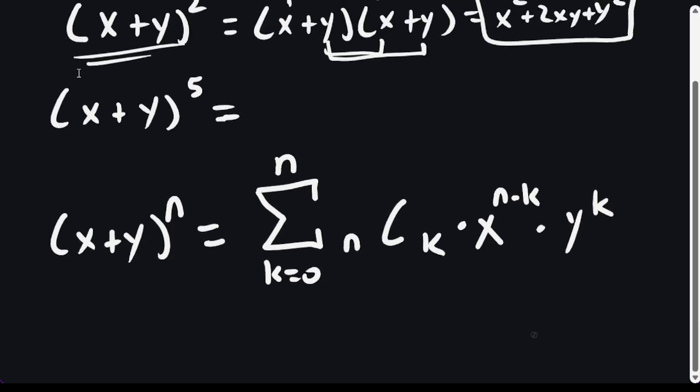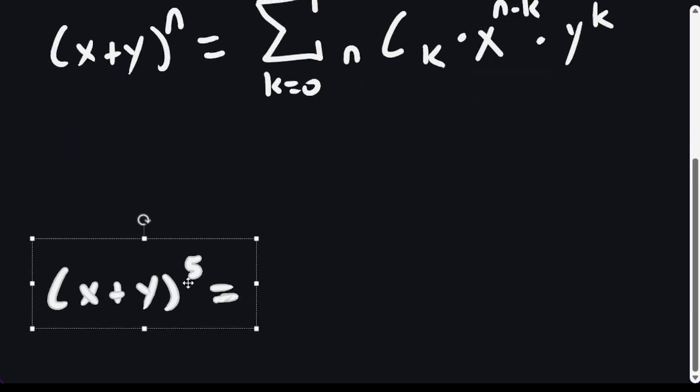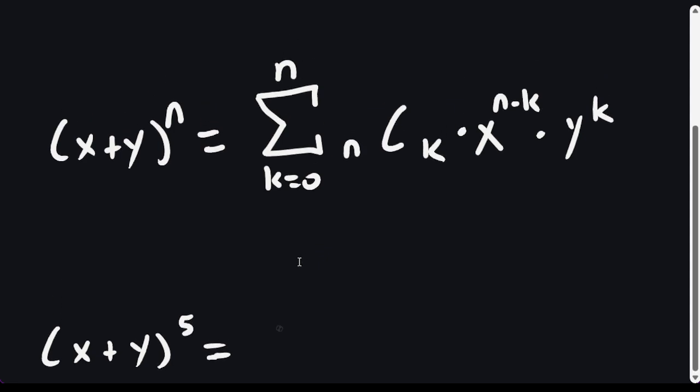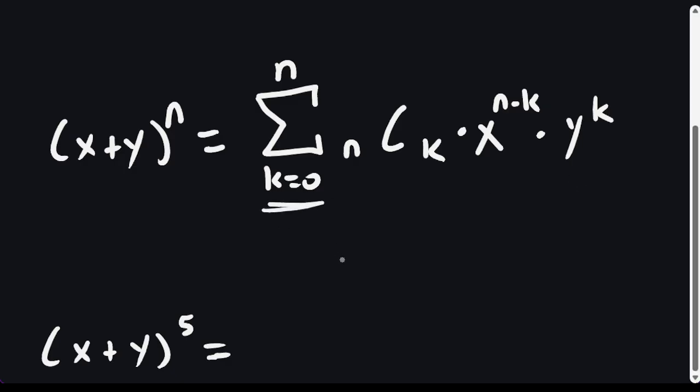So let's actually go ahead and try to use this with (x + y) to the power of 5. First, we have (x + y) to the power of 5 using the summation. So we start at k equals 0, and we know what our n is. Our n is 5.